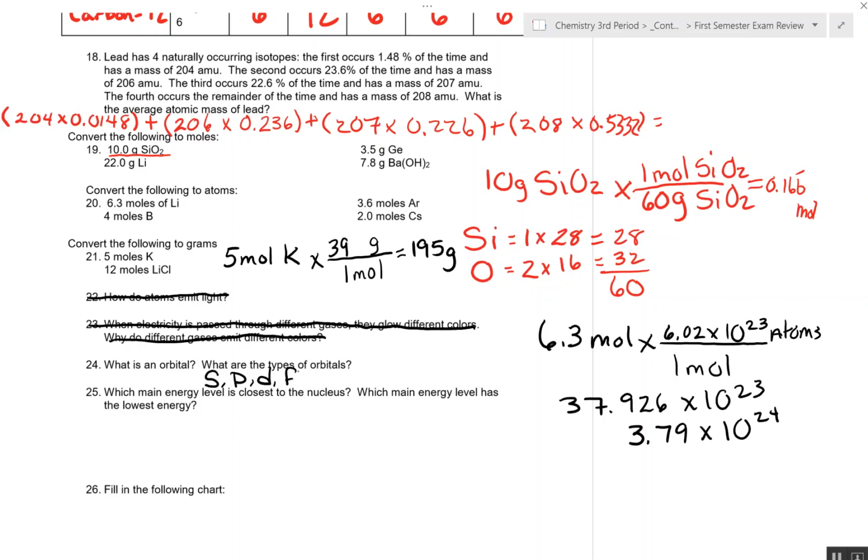So you count down the rows, and what row is it in? Horizontal rows. Its highest energy level is 4. It's that simple.